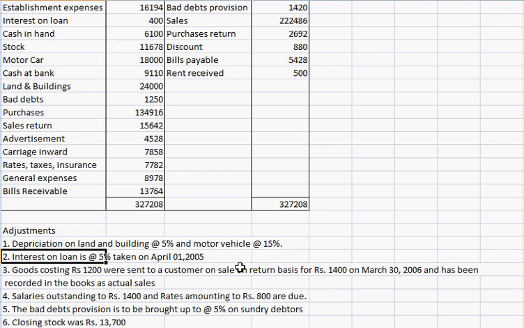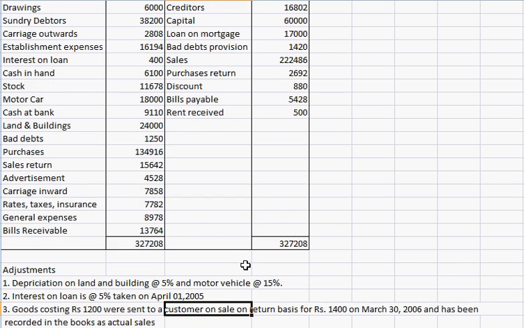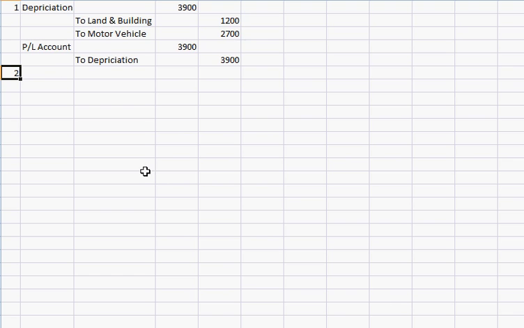So here we have interest on loan, that is 5% on the loan. So you have to pass the entry for this. Interest on loan is an expense and it is increasing, so it would be on the debit side.